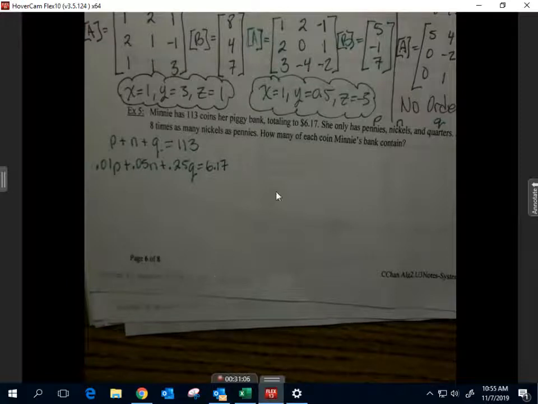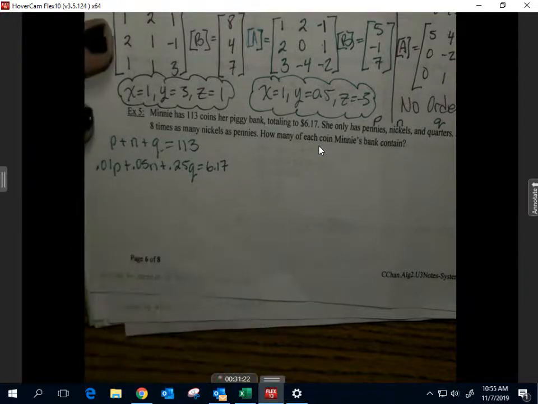Y'all get that? Because if I wanted to know how much I have in quarters, I would take the number of quarters I have and multiply it by 25 cents, right? And same with nickels, same with pennies, and then I'd add them all together to see how much I have. And that's what we're doing right there. Alright, the last one is a little bit more difficult.